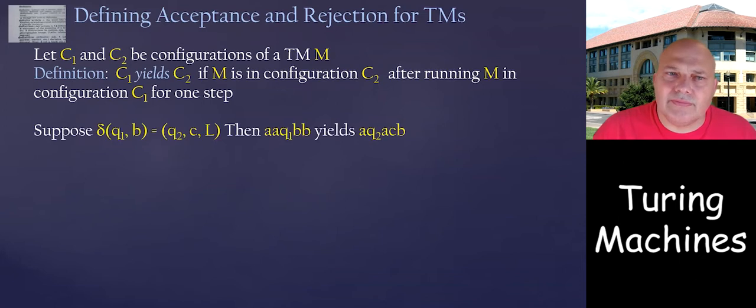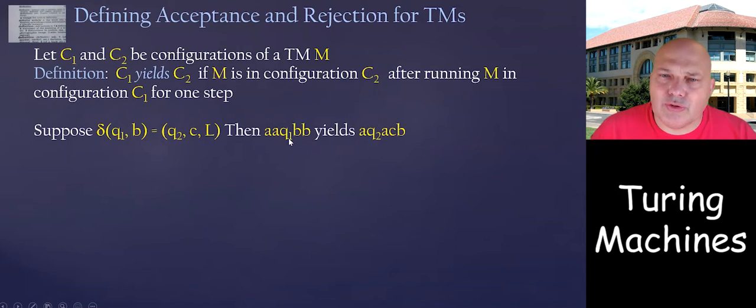To give you an example, if there is this transition, delta of Q1, B goes to Q2, the state is turning to Q2, you write C and you move to the left, then the configuration here on the left, AA Q1 BB, yields A Q2 A CB, because you see that the head is pointing at a B, and the machine is in state Q1.